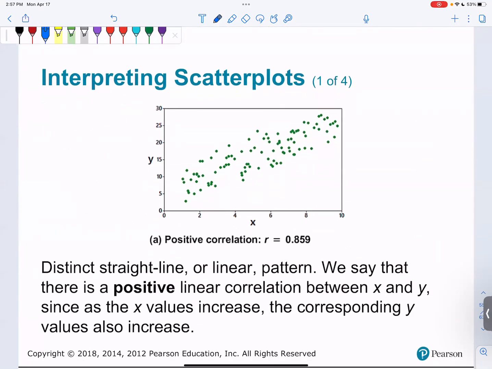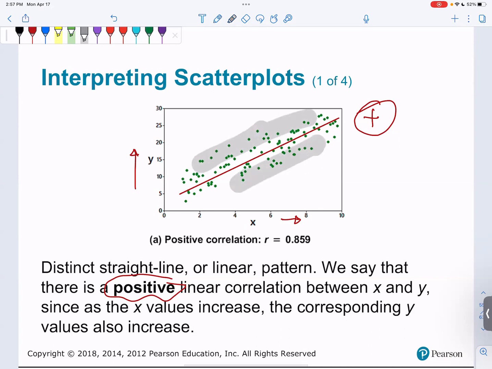So if you look here at this scatter plot, somehow we can represent this data with this straight line. As one variable increases, the other one increases. So this will be a positive relationship. And also remember, the closer these dots are to the straight line, the stronger the correlation will be.